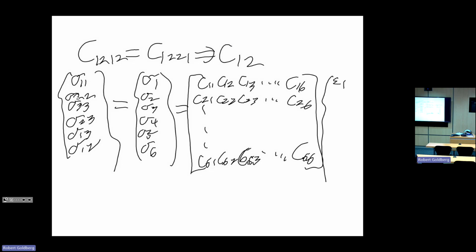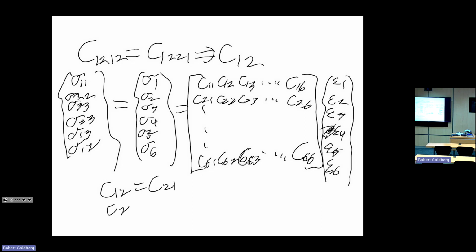So it's epsilon 1, epsilon 2, epsilon 3, epsilon 4, epsilon 5, epsilon 6. And so we write our strains in the column vector the same way that we write our stresses in the column vector. And remember, because our stiffness matrix is symmetric, C12 is equal to C21, C23 is equal to C32, and so forth.